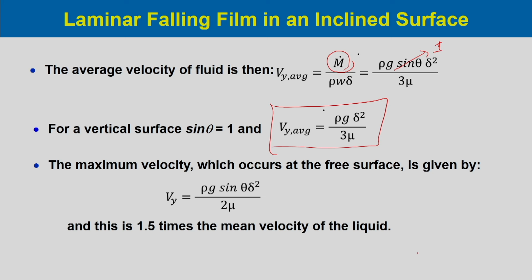This is the maximum velocity and the earlier one is the mean average velocity of the liquid, and we can see that the maximum velocity is 1.5 times the mean velocity of the fluid.